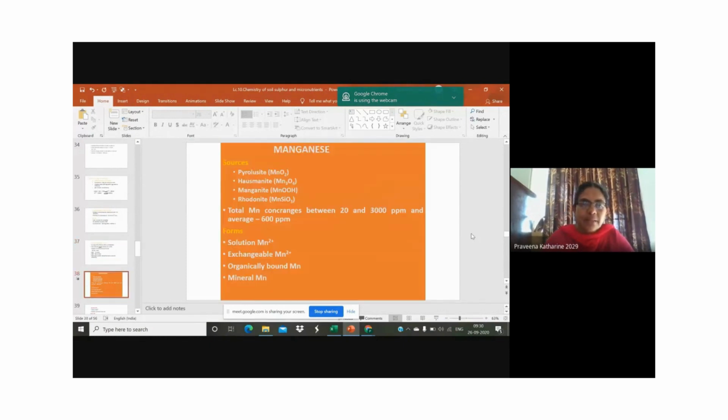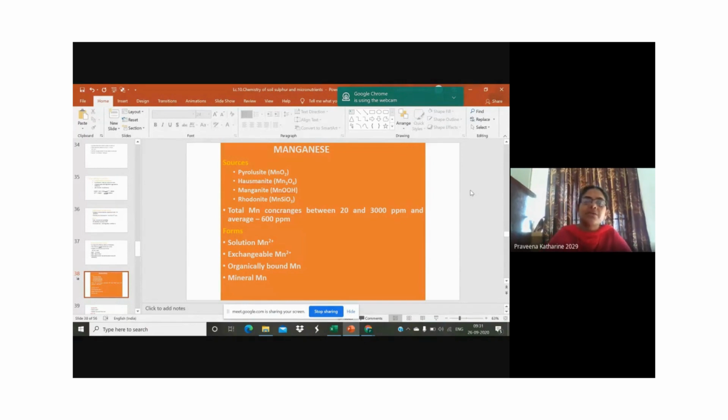The next micronutrient is manganese. Here you can find some sources of manganese: pyrolusite, manganese oxide. You would have learned these in your inorganic chemistry in 12th standard, isn't it? Pyrolusite is a source of manganese, also manganite, rhodonite. The manganese concentration in the soil ranges from 20 to 3000 ppm, and on average it is 600 ppm.